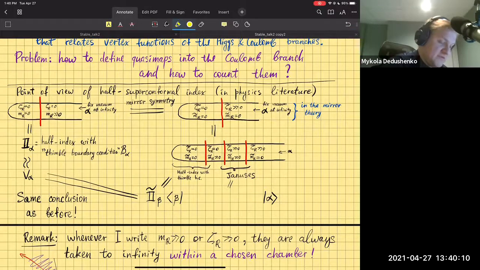But now we also have these two interfaces, which after we look at it, we see that they're just our Januses. So there's a Janus that switches the phi parameters, and then there's a Janus that switches masses.